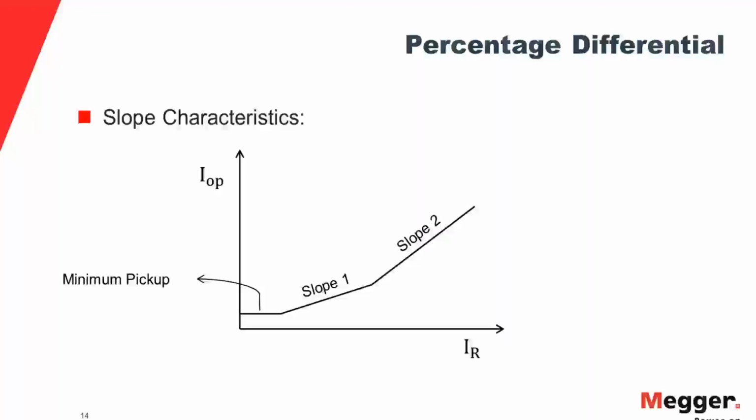And the slope 2 value will be somewhat in the range of 40 to 50%, or somewhere around 35 to 50%. The reason for the difference in the values between slope 1 and slope 2, especially slope 2, is to prevent the relay from operating when there is a heavy fault on the system, which causes higher currents to flow through the system.